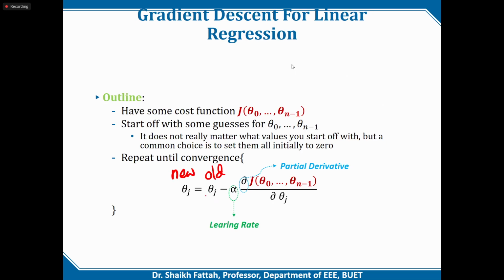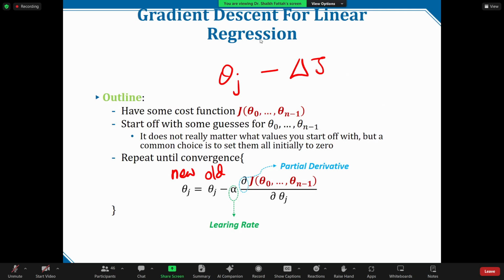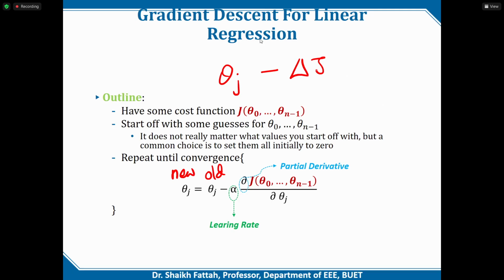So this old one needs to be updated. How? The concept is here. You have the old one, you add or subtract something. Depending on your objective function, people say, why don't you consider the partial derivative of this J?